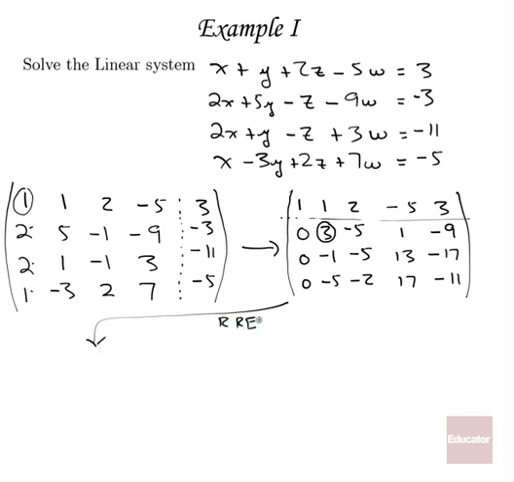Our reduced row echelon form, what you end up with is 1, 0, 0, 2, negative 5, 0, 1, 0, negative 3, 2. Excuse me for these little marks that show up. I don't want it to confuse the numbers here.